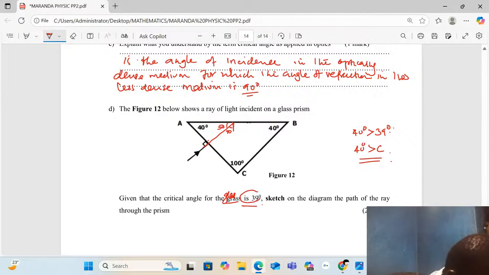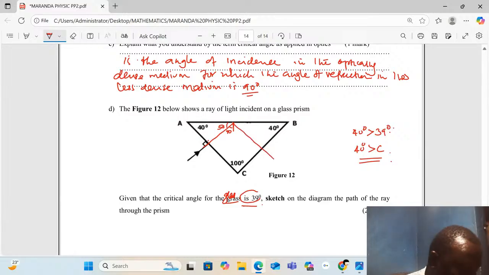So we have to draw our reflected angle. Like this. So this becomes also 40, and because this is 90, it will come out undeviated.